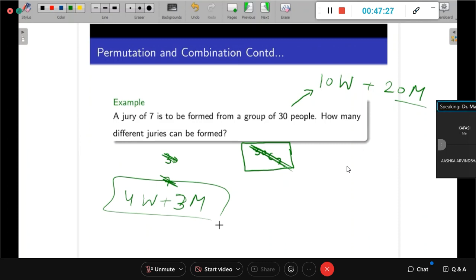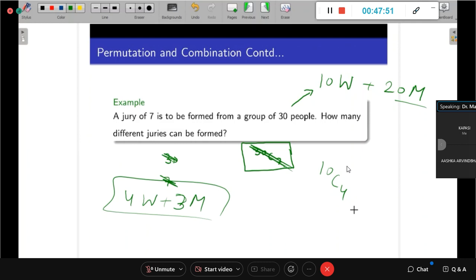Yeah, so out of 10, any woman can come, right? So order is immaterial. If you name them W1, W2, W3, and so on up to W10, it doesn't matter. Out of 10, any 4 you can choose. So 10 choose 4.